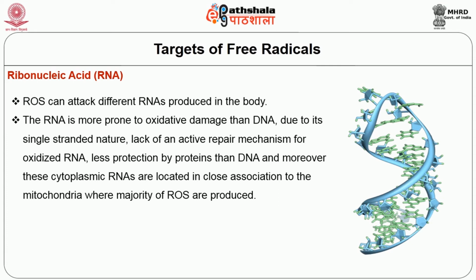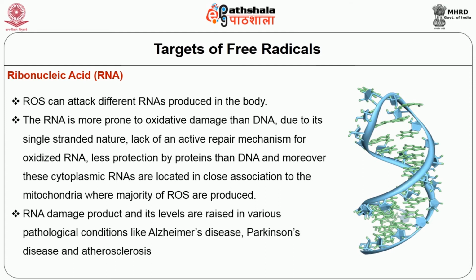Moreover, these cytoplasmic RNAs are located in close association to mitochondria, where the majority of reactive oxygen species are produced. RNA damage products are raised in various pathological conditions like Alzheimer's disease, Parkinson's disease and atherosclerosis.